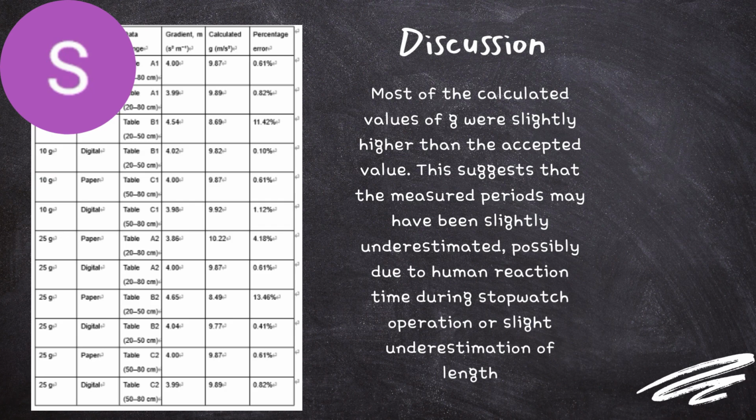Most of the calculated values of g were slightly higher than the accepted value. This suggests that the measured periods may have been slightly underestimated, possibly due to human reaction time during stopwatch operation or slight underestimation of the length of the pendulum.